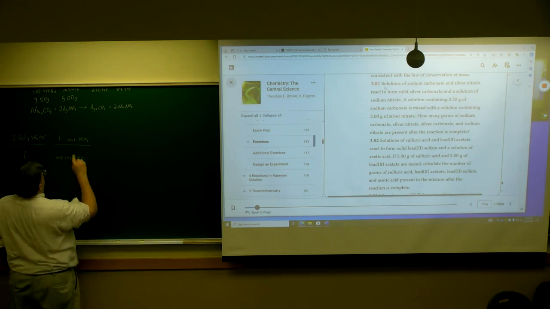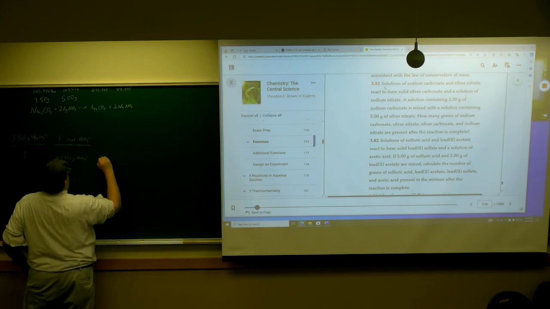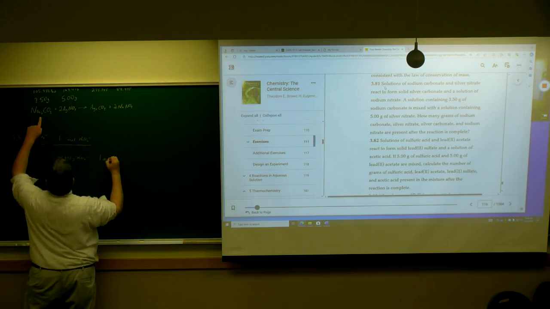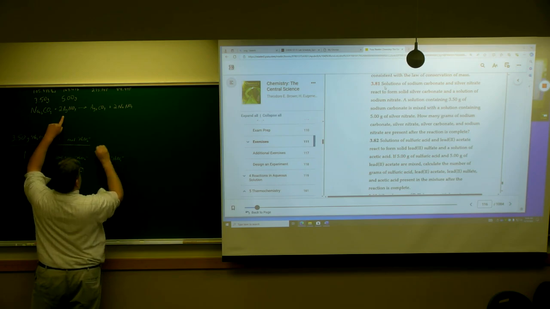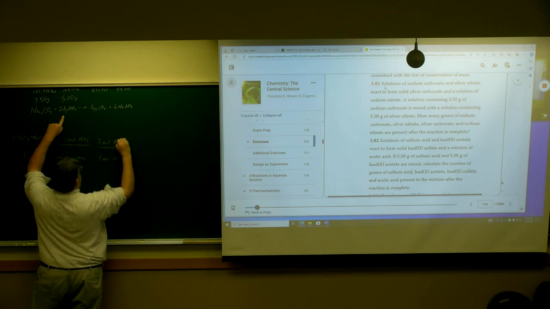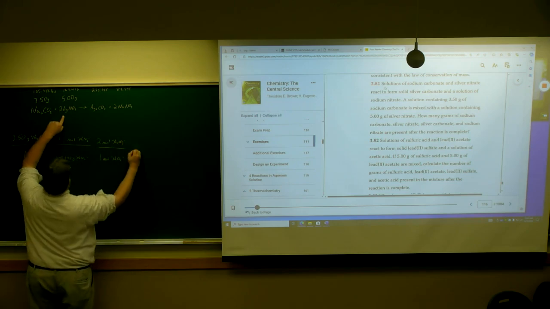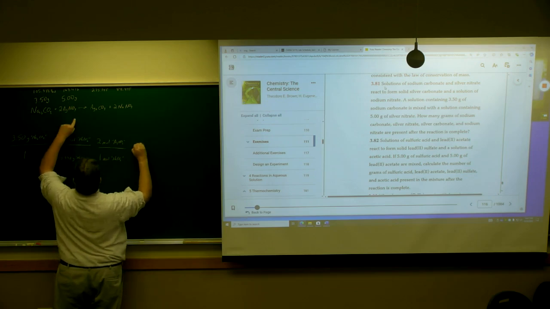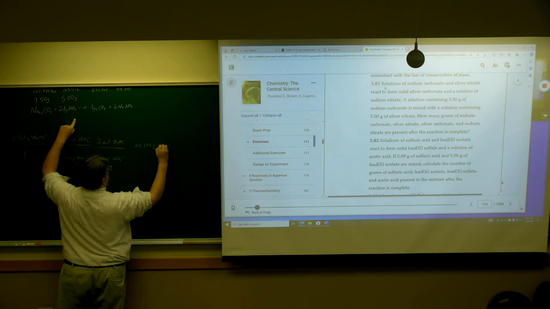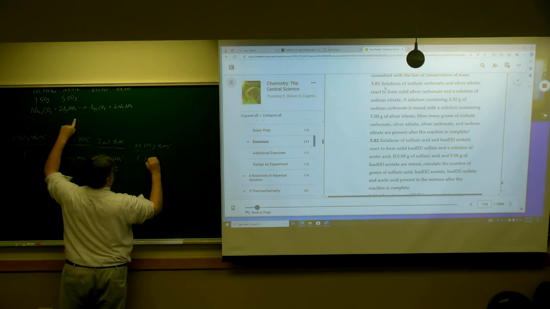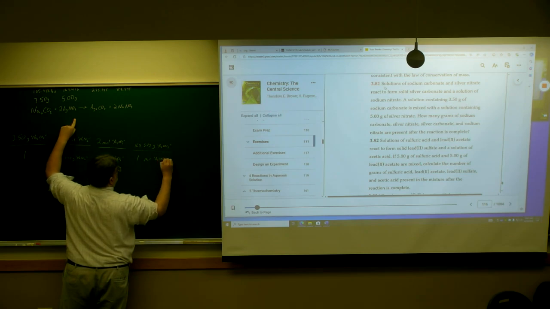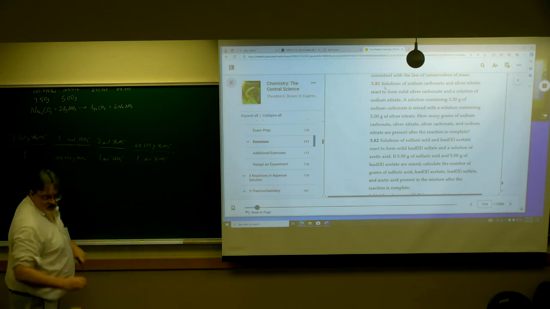Right. And then 1 mole of this to 2 moles of this. Now the grams per mole for this. You can get all that set up.